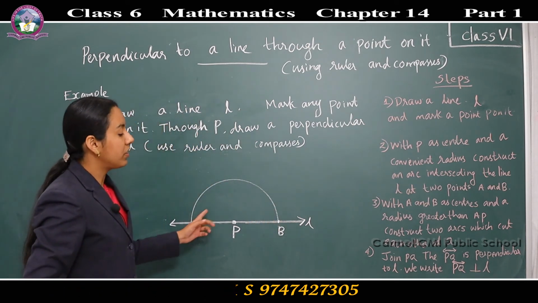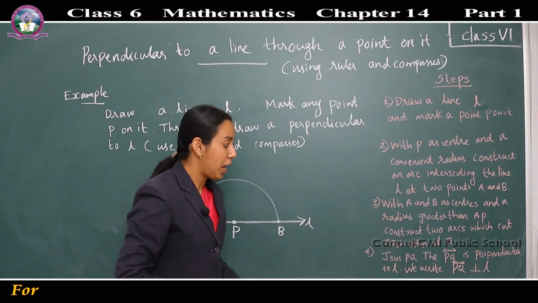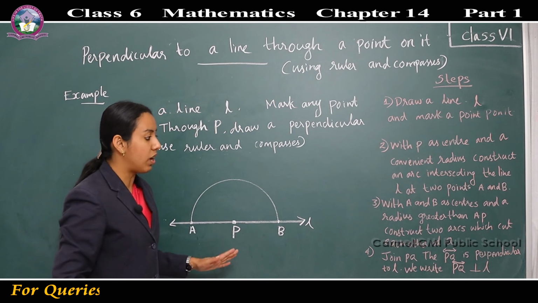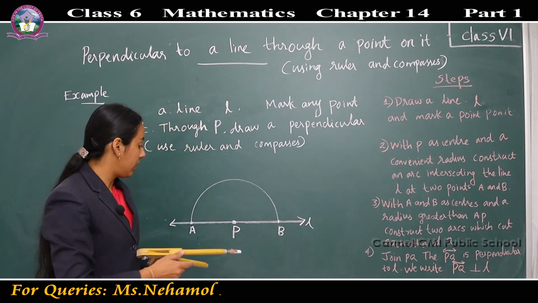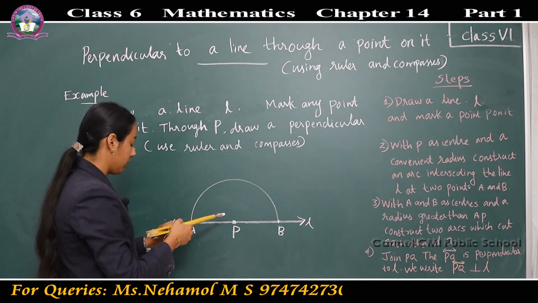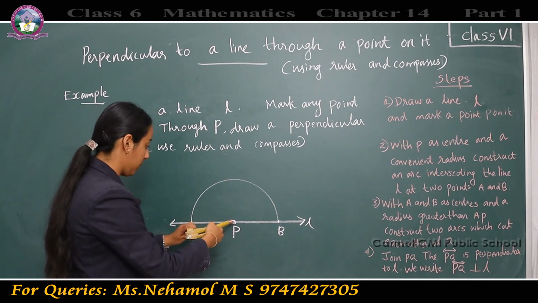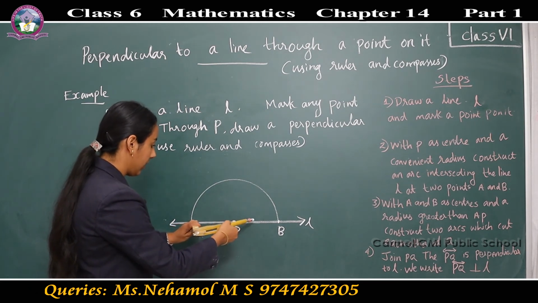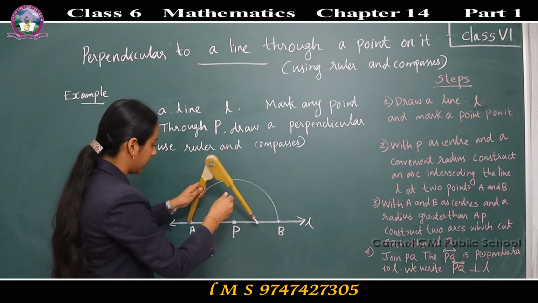Now with A and B as centers and a radius greater than AP, construct two arcs which cut each other at Q. Now with A and B as centers, we have to draw arcs with the radius greater than AP. This is AP, so we have to take a radius greater than AP.